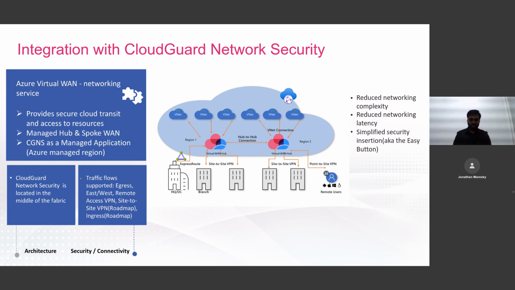All kinds of connectivity hitting the Azure vWAN will get inspected by the Checkpoint firewall automatically, and it supports multiple types of traffic flows, which we will discuss in our coming slides as well. Checkpoint is the native vendor here, where we have, as I said, out of the box integration with vWAN hub technology.